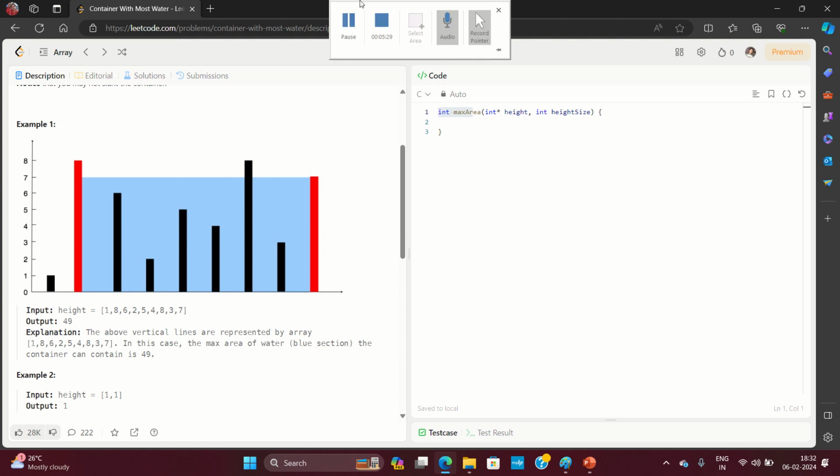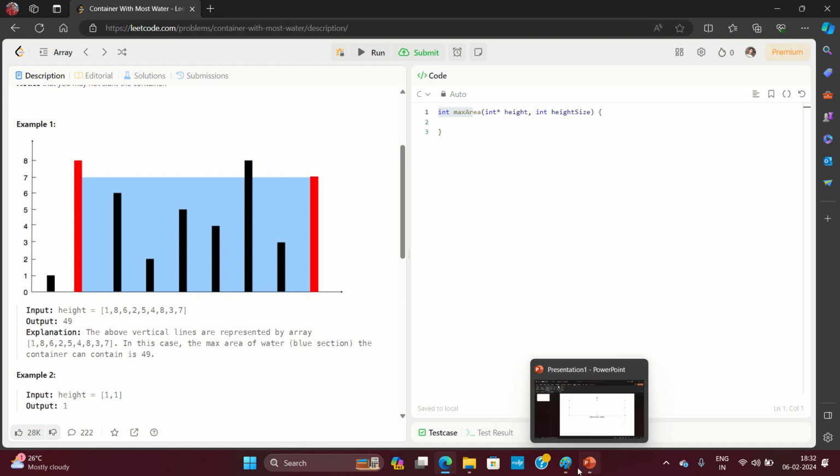In order to check for the solution, we can first go with the brute force approach, where we consider finding all the possible areas that the water can cover between each pair of slabs, and then return the maximum one.